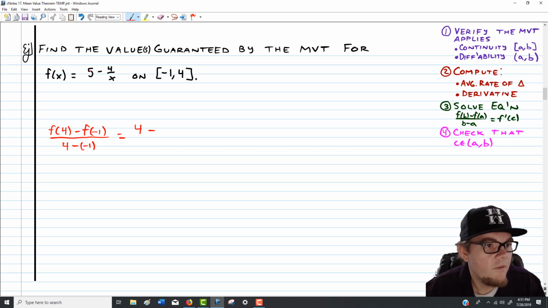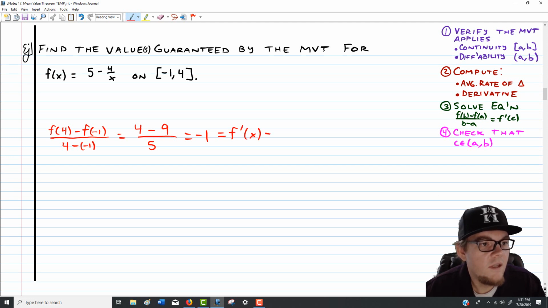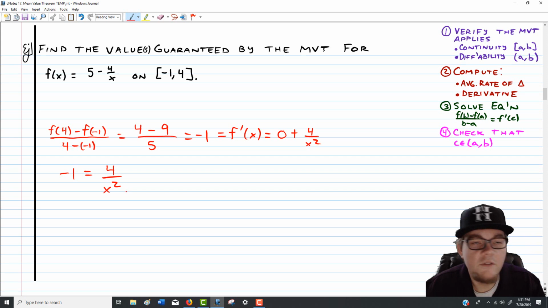If you plug in negative 1, you get 5 minus a negative 4, which is 9, all over 5, so you get negative 1. If we set that equal to the derivative, f prime of x is going to be 0 minus a negative 4 over x squared. So ultimately, the equation we have to solve would be -1 equals 4 over x squared.